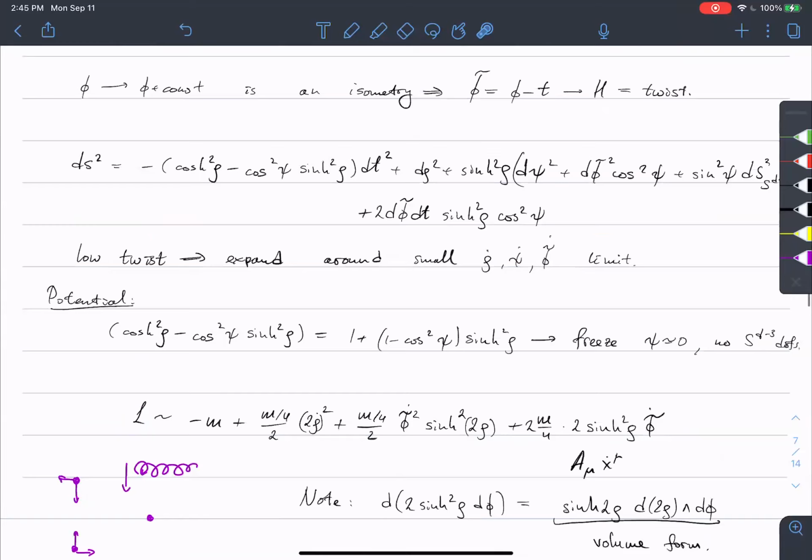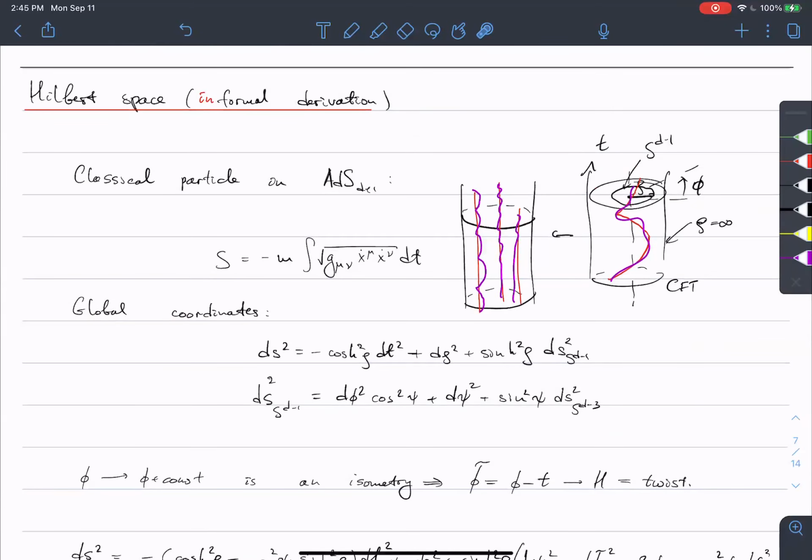But then we take several particles, the tensor product of the Hilbert spaces. For them to interact, you have to add something else to the Lagrangian, right? The particle Lagrangian.